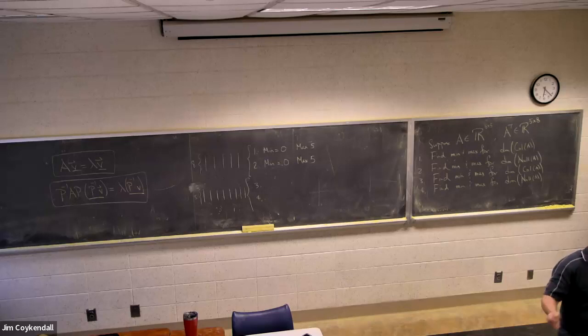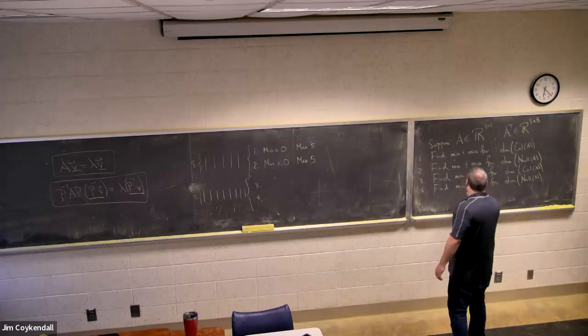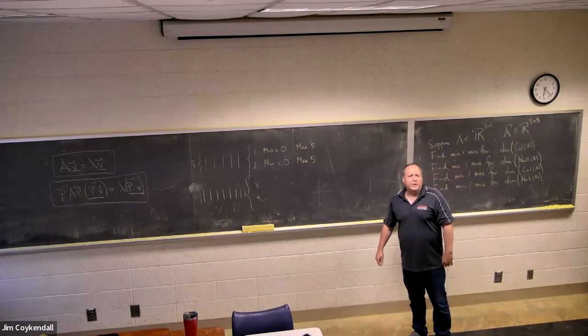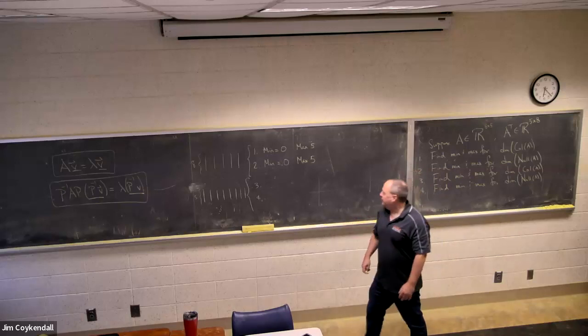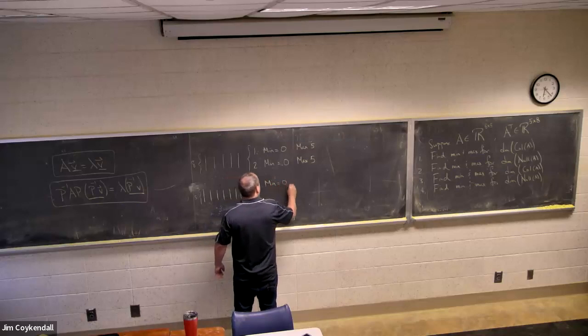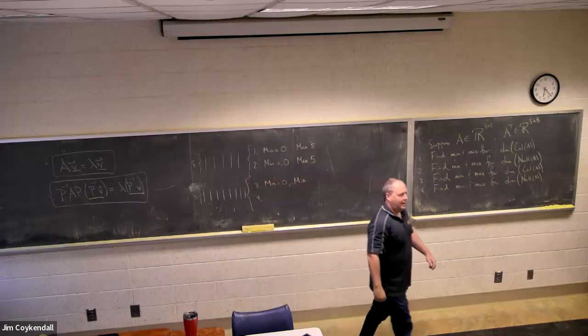Everybody agree with that? So the column space lives in R5. What is the minimum for the dimension of the column space? Also 0, because all those columns could be 0 for sure. What's the maximum?